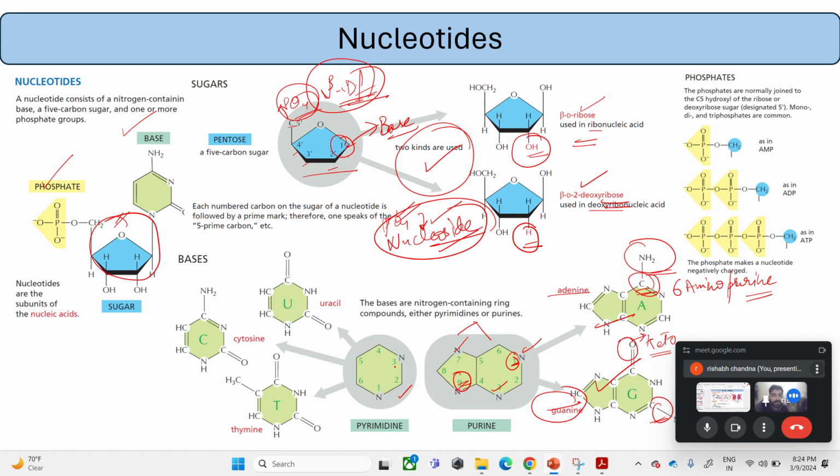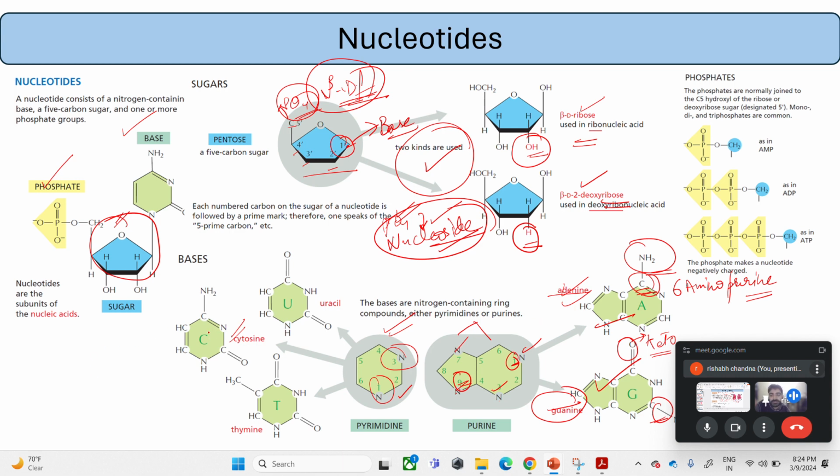Followed by the pyrimidines. A pyrimidine is a single-ring structure with two nitrogens at the one position and the three position. We have three kinds of pyrimidines. Starting with cytosine, it is present in both DNA and RNA. The purines, adenine and guanine, are both present in DNA and RNA, with no difference between them.